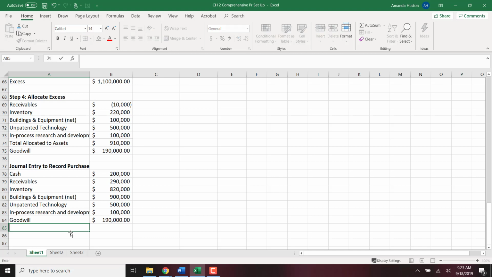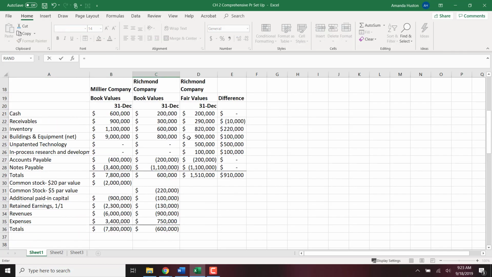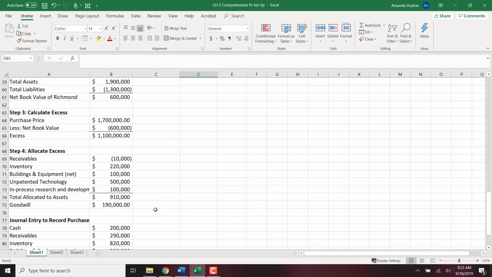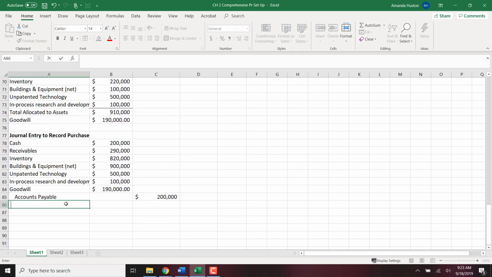So these are all the assets that we're going to write on. Now we are going to take on accounts payable, which we're taking from the fair value. It's in a negative number, so we wouldn't make a negative number in a journal entry. That just means it's on the credit side. So I'm going to make sure it's a positive number here. We got accounts payable.